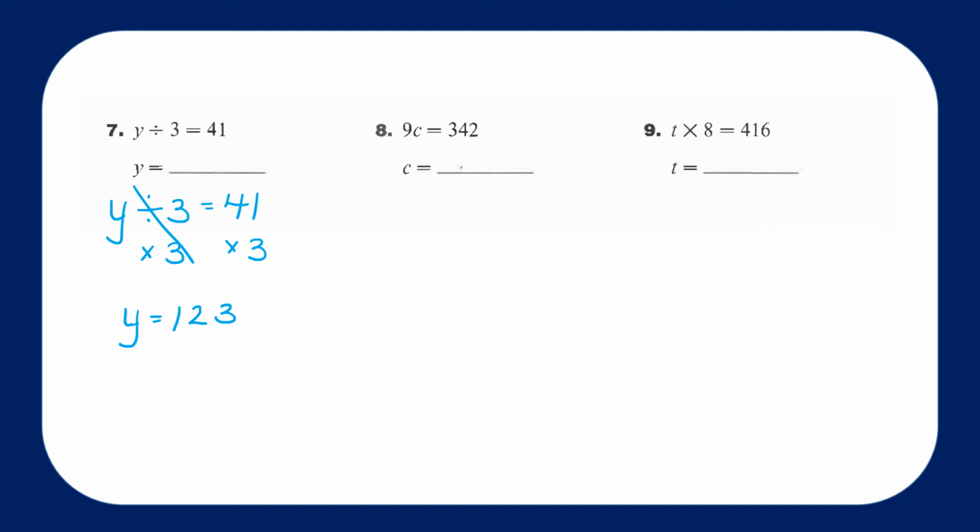Question number 8. We have 9 multiplied by C equals 342. I'm going to divide by 9 on both sides. Cancel each other out. C equals 342 divided by 9.